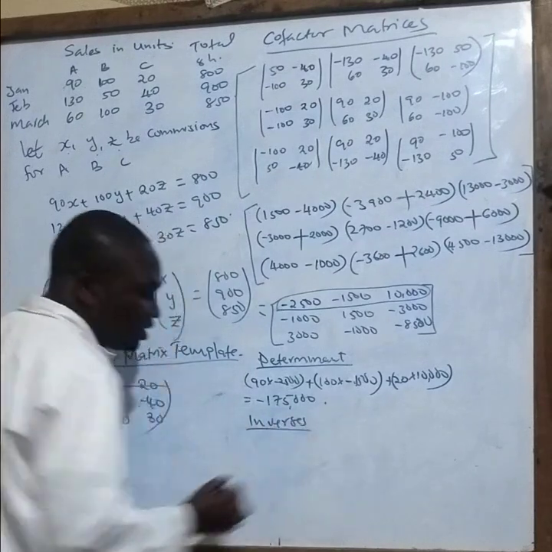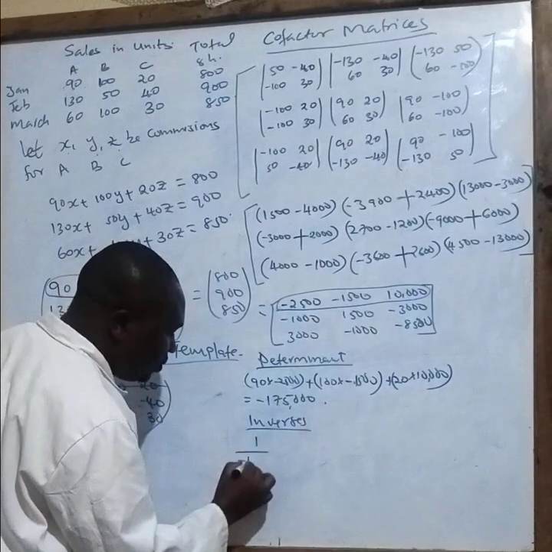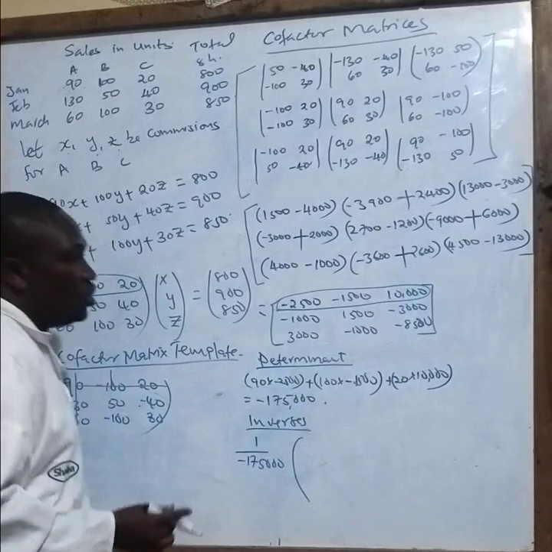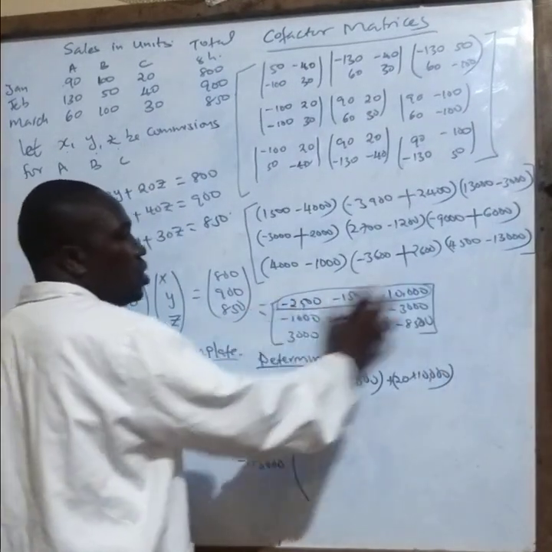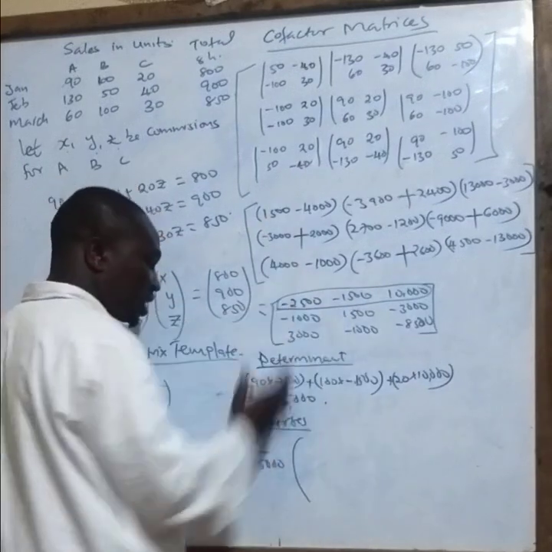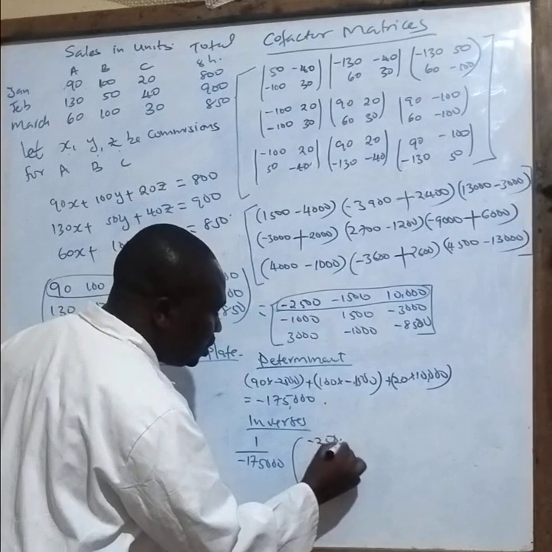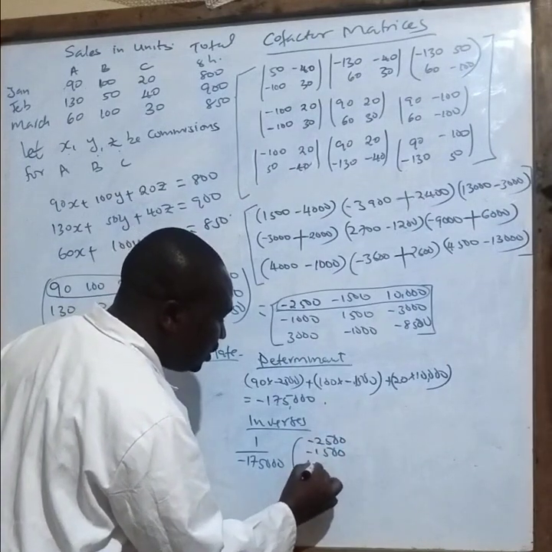How do you get the inverse? The inverse is now 1 over negative 175,000 into brackets. You go to your final answer, which is this one. So you interchange rows. The first row becomes the first column. So this gives you negative 2,500, then negative 1,500, then 10,000.